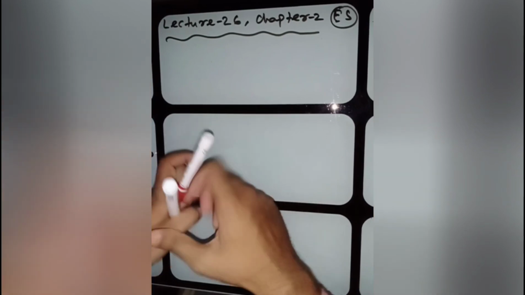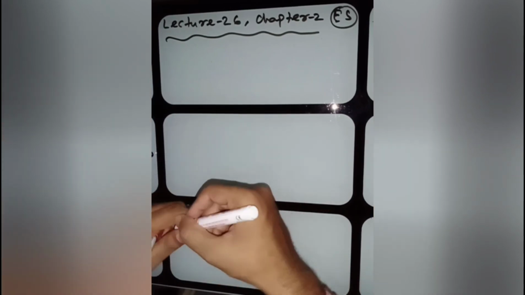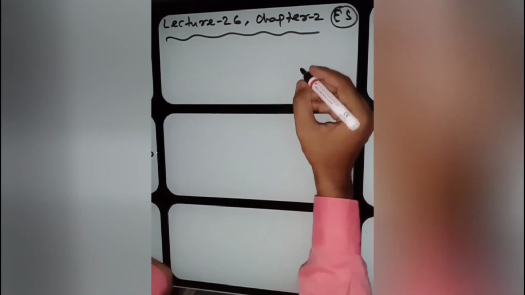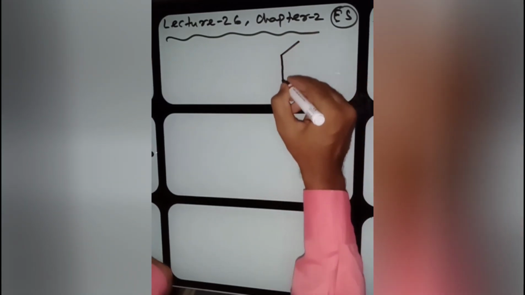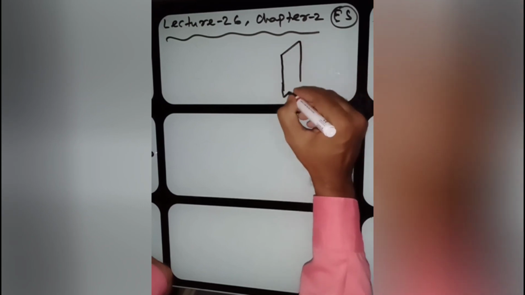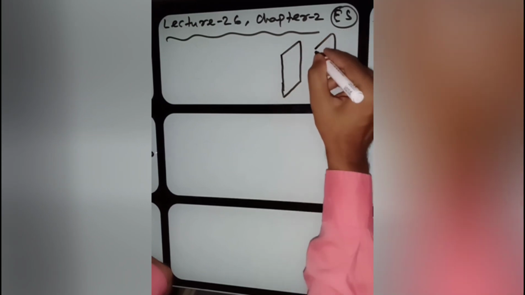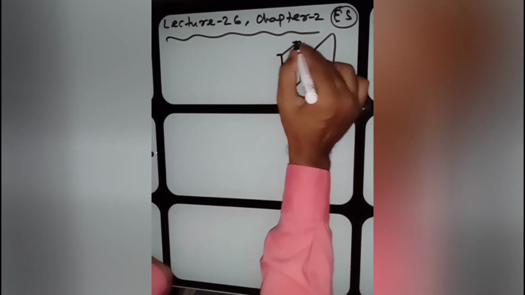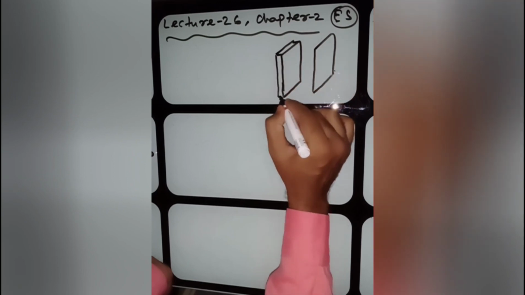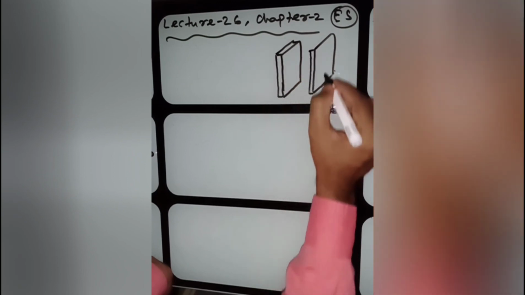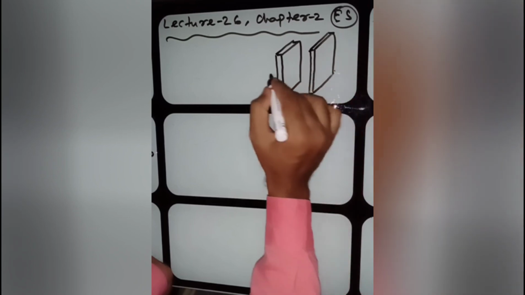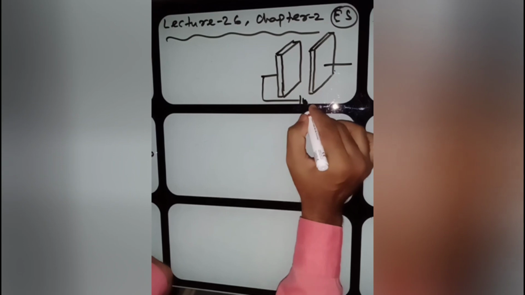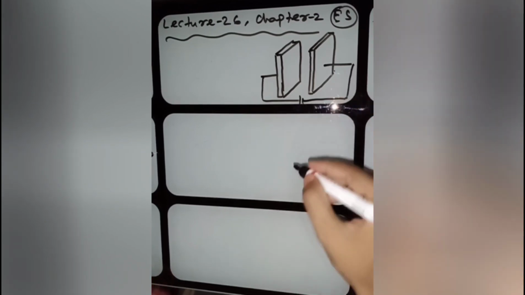Okay, my dear students, so in today's lecture we are starting with the topic energy and energy density. Suppose this is a parallel plate capacitor, connected with a battery of V volt.